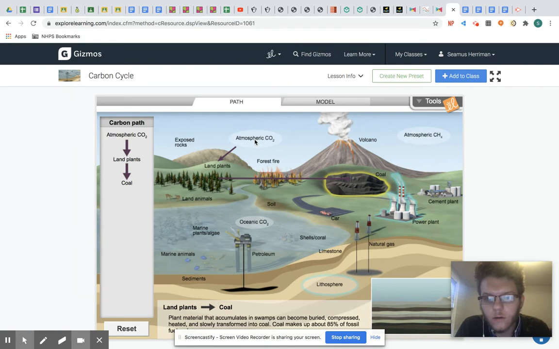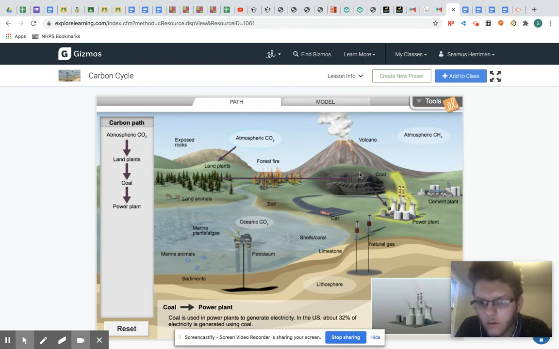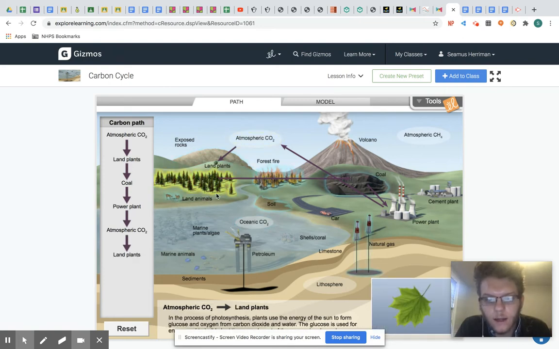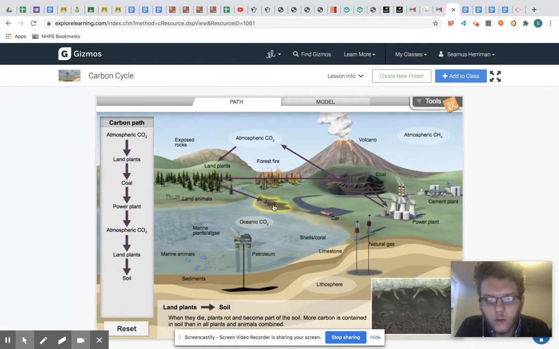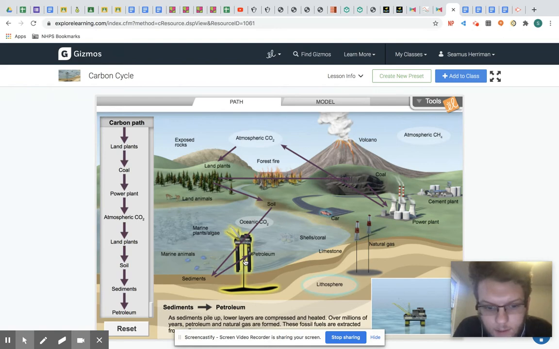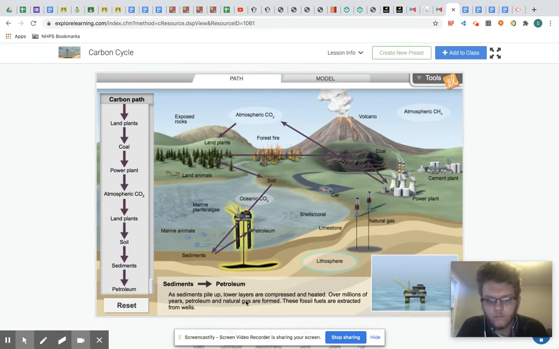We can also go from atmosphere to land plants down to soil, sediment, and petroleum, which is right here, this whole tower thing, and see how petroleum is formed.